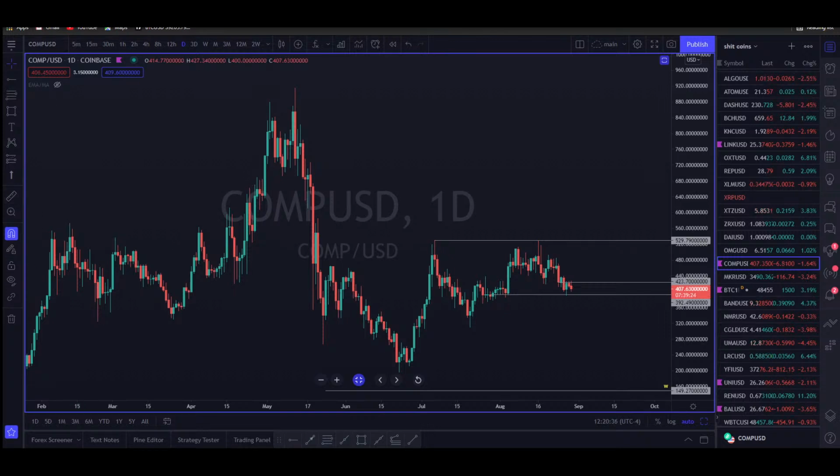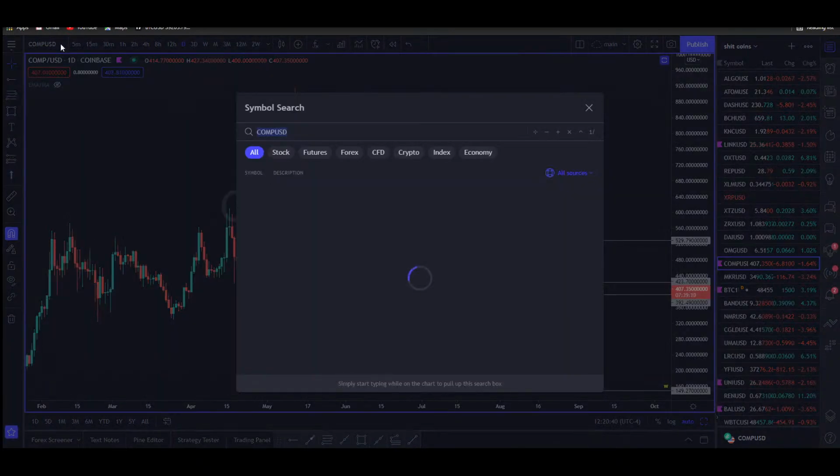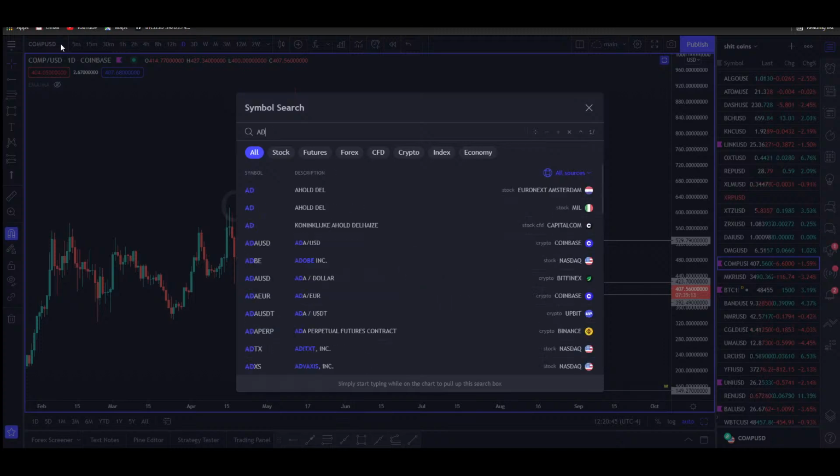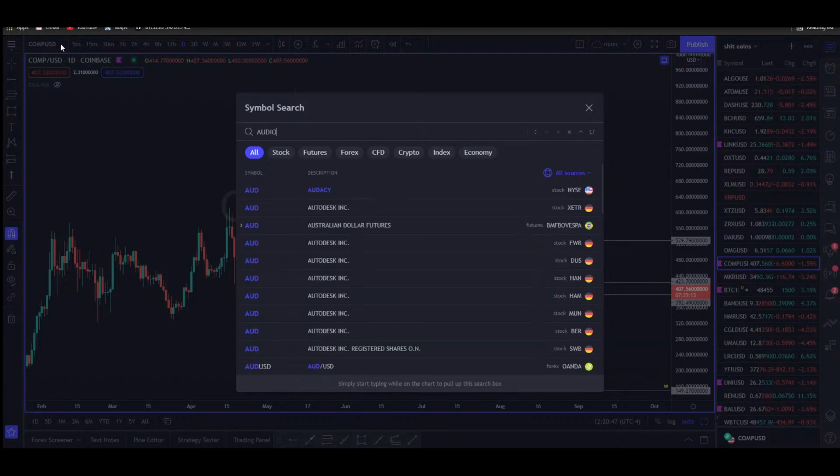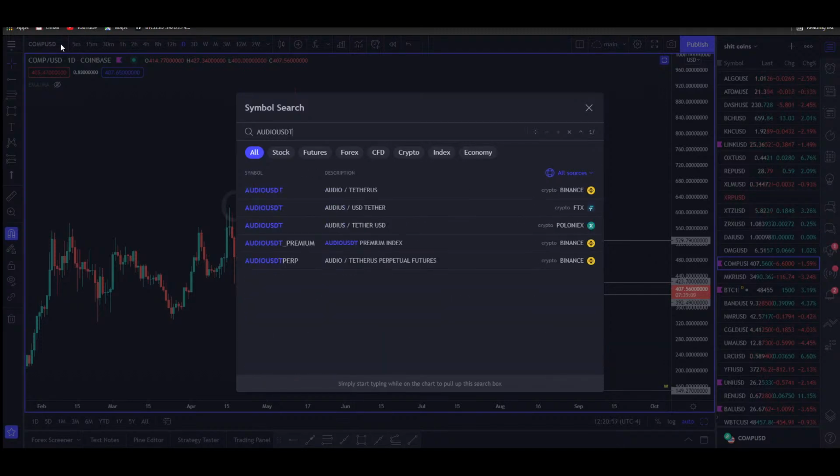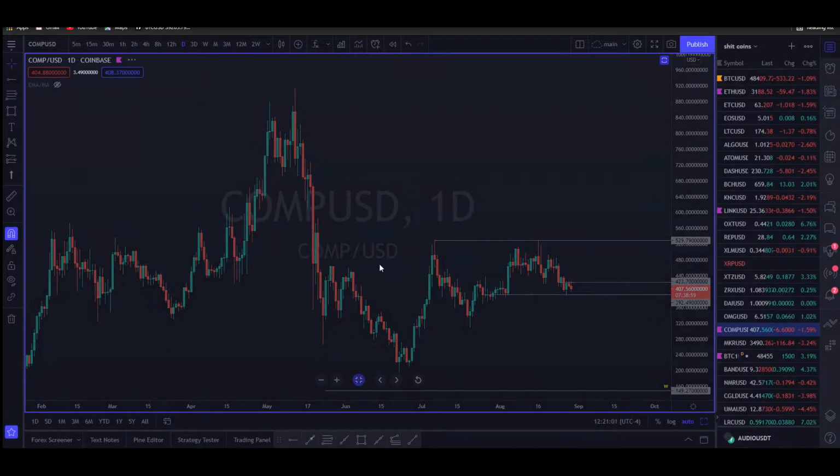If you have time, what do you think about AUDIO USDT? I was looking at this the other day, actually, because I had never heard of it before. I was absolutely looking at it. Would you say it was USDT? It's on Binance.